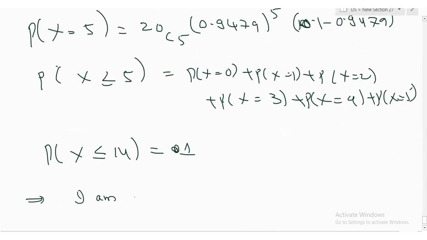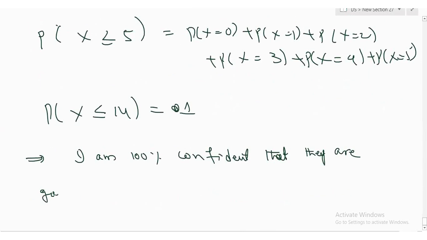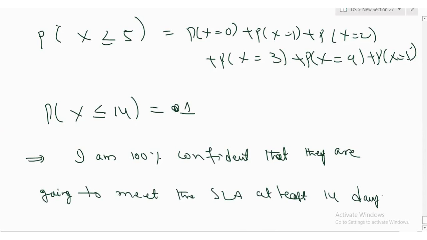I am 100% confident that they are going to meet SLA at least 14 days.